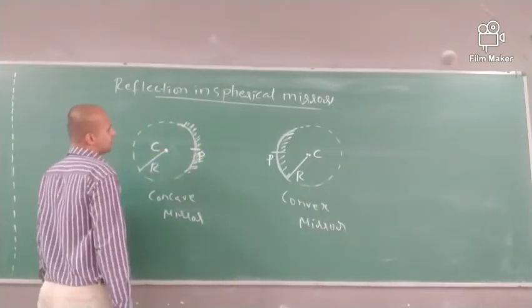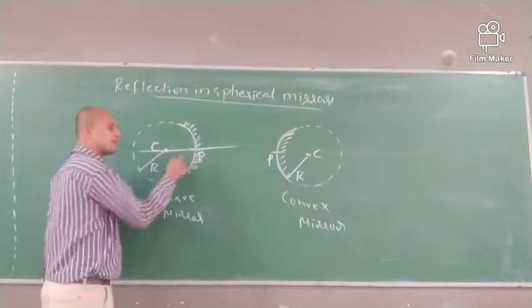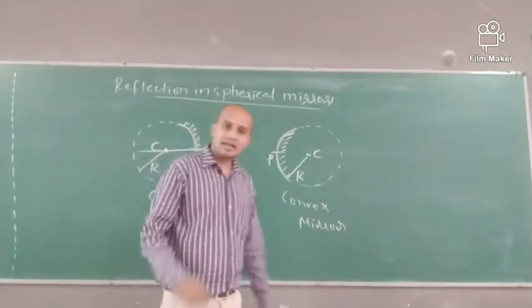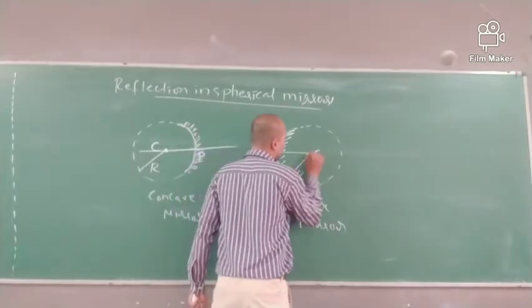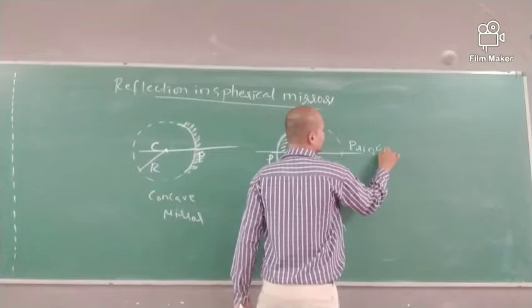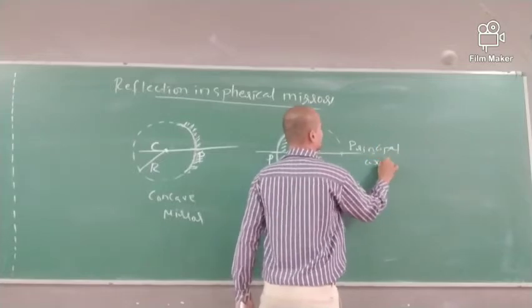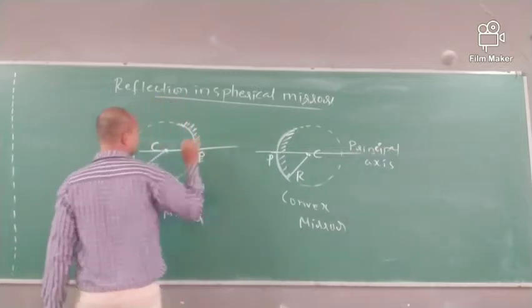Another term: the line joining the center of curvature and the pole is the principal axis. This is also the principal axis.